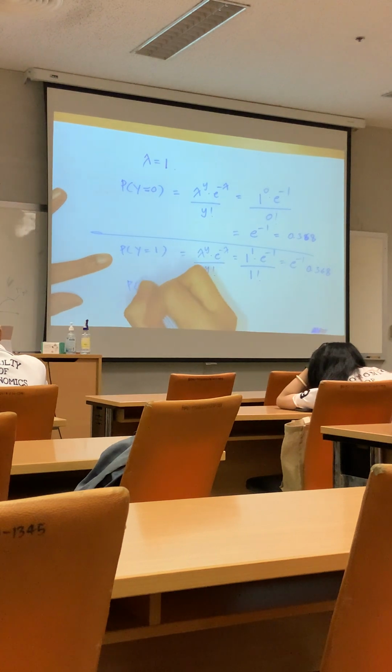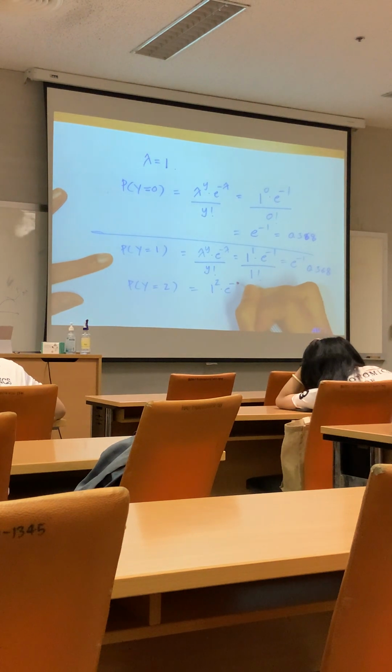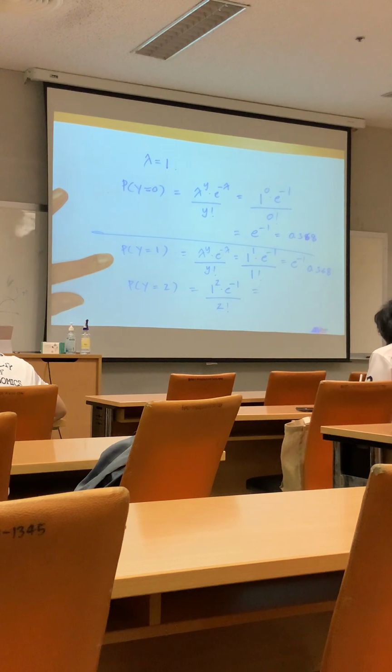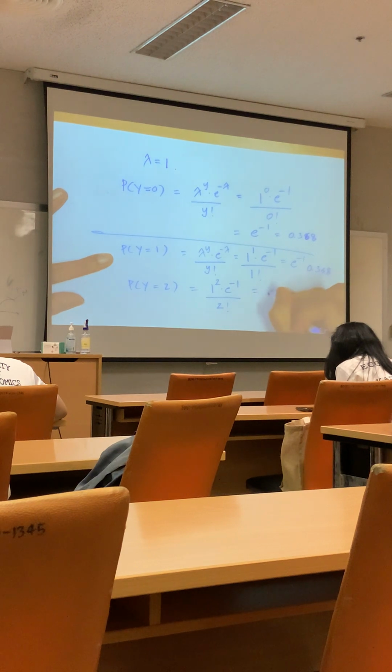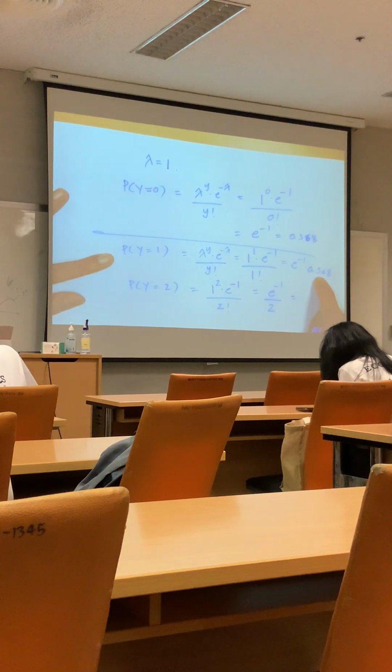What about the probability of y equal to 2? Now you have lambda 1, y is 2, e to the power of minus 1, and 2 factorial. 1 to the power 2 is still 1, so you have e to the power minus 1, but you divide it by 2 factorial, which is just 2. So basically it's just 0.368 divided by 2, so it's 0.184.